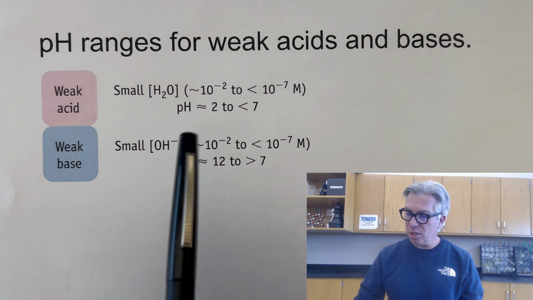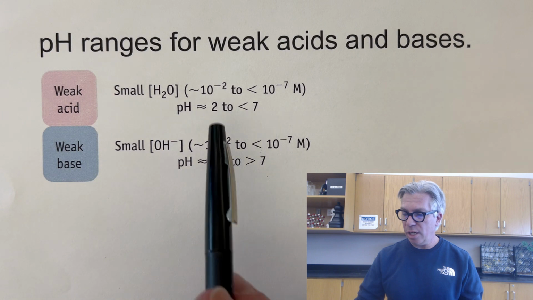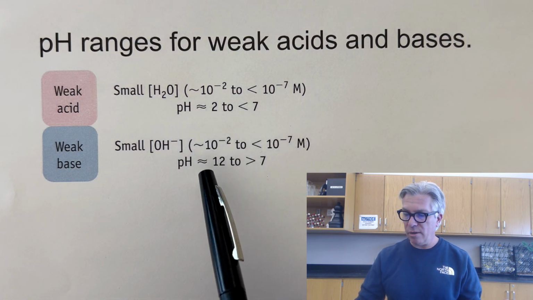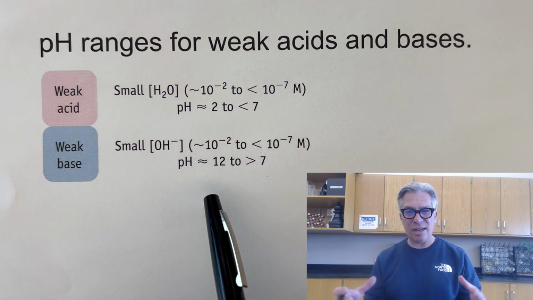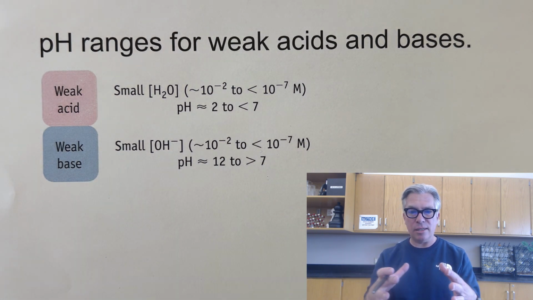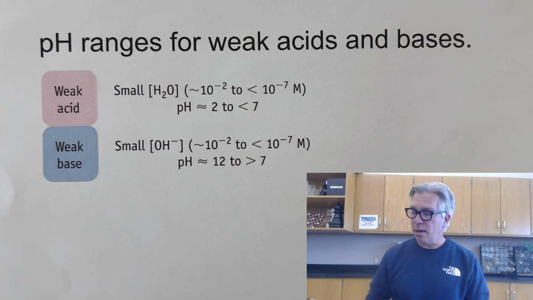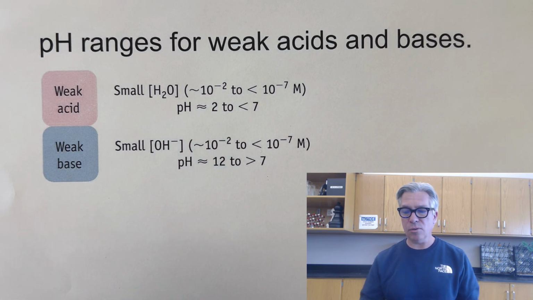But the weak ones, which set up equilibria, generally make pHs between 2 and around 7, or 12 and around 7 for those weak bases. You're above and below 7, but you're kind of near the middle. For practical purposes, yes, 7 is neutral, but anything between 6 and 8 is often considered neutral too, because they're pretty close to being neutral, and you're not going to melt your skin off by dunking your finger in there. But those are some ranges. So if you see those pH ranges, you're probably looking at a weak acid or a weak base.